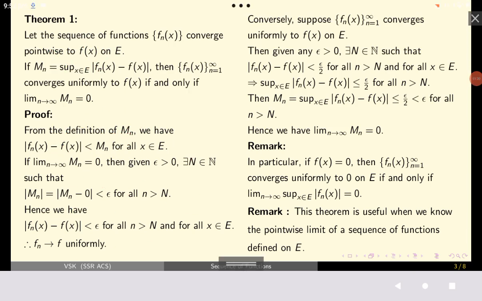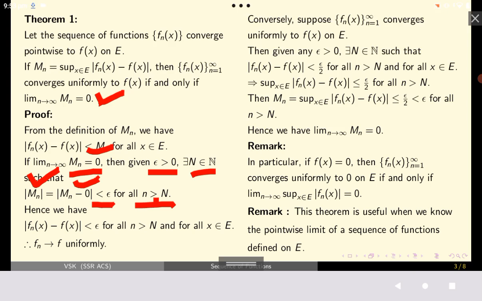So if the limit as n tends to infinity of M_n is equal to 0, that is our supposition, then given epsilon greater than 0, we can find an N such that modulus of M_n minus 0 is less than epsilon for all n greater than or equal to N.